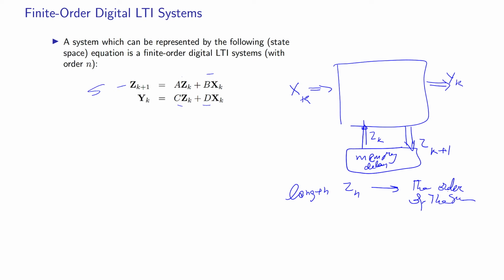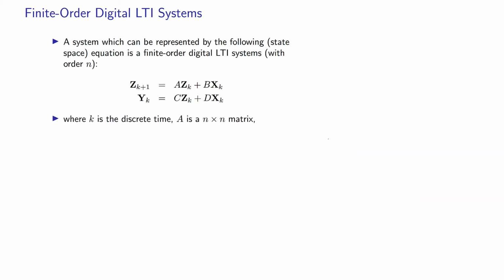So how many memory units you need in order to implement this difference equation, linear equation. So A is called the transition matrix.